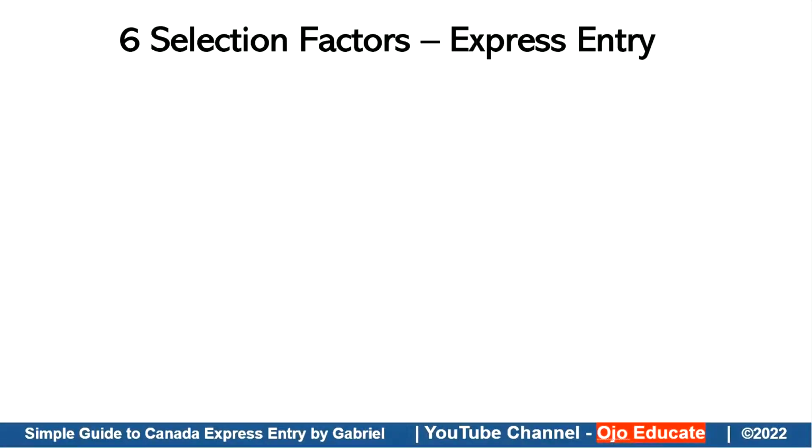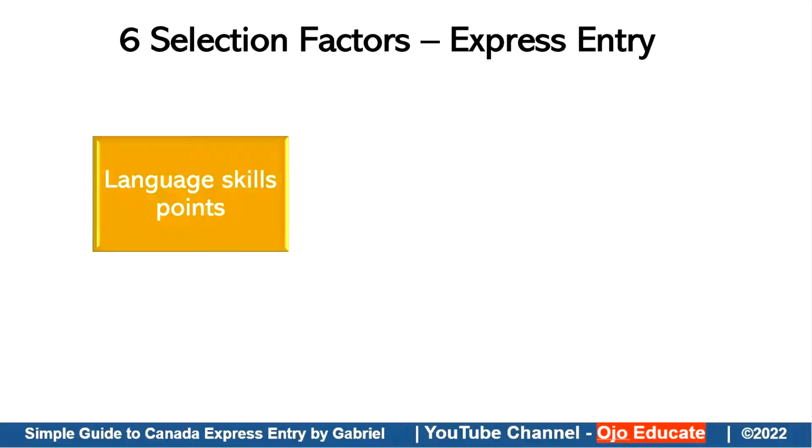So, the 6 selection factors for Express Entry for Federal Skilled Worker. The first one is language skill points. I'm going to give you the details of each of these in this video, so you have to follow this to the end so that you will get a detailed explanation of what language skill points are all about.